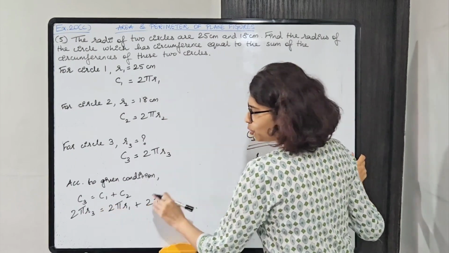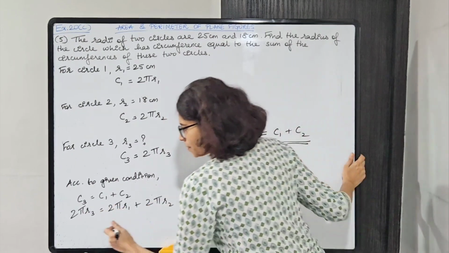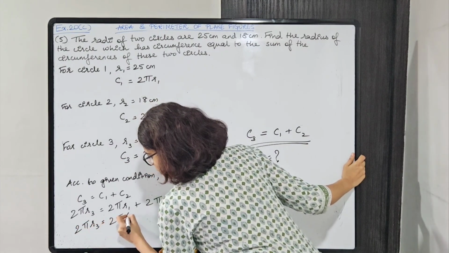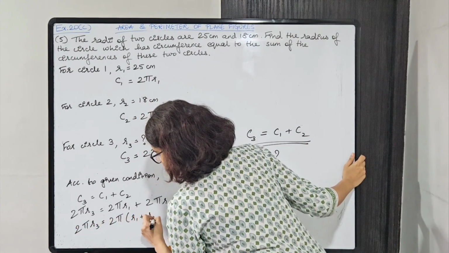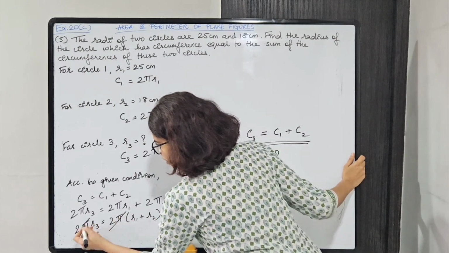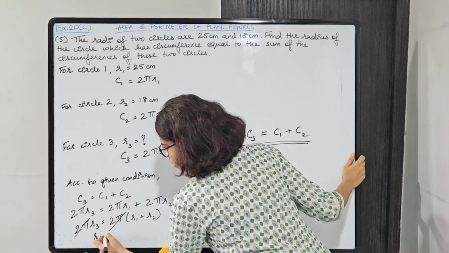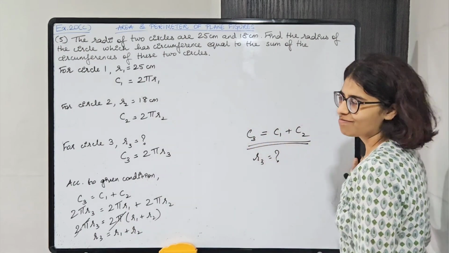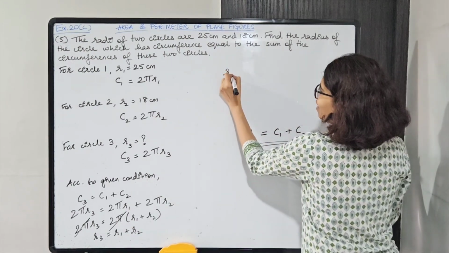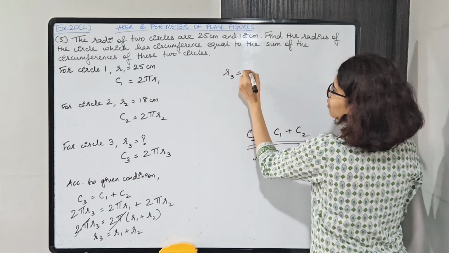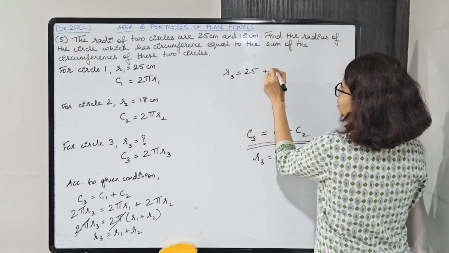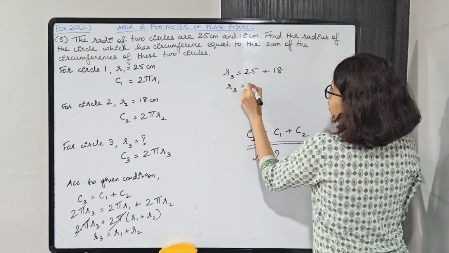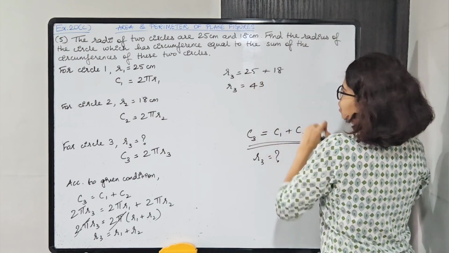2 pi will cancel, so taking 2 pi common, R1 plus R2. Okay, 2 pi cancelled, so we are left with R3 is equal to R1 plus R2. So R3 will be equal to, R1 is 25 and R2 is 18, so R3 will be equal to 43.